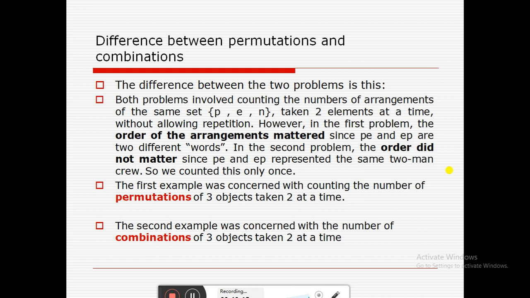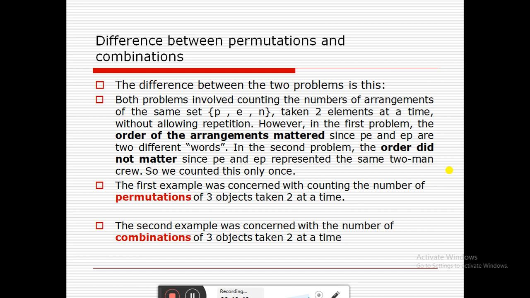That is PE, EP. These are two different words. In the second problem, the order does not matter, since PE and EP represent the same two-man crew. So we counted this as only one.